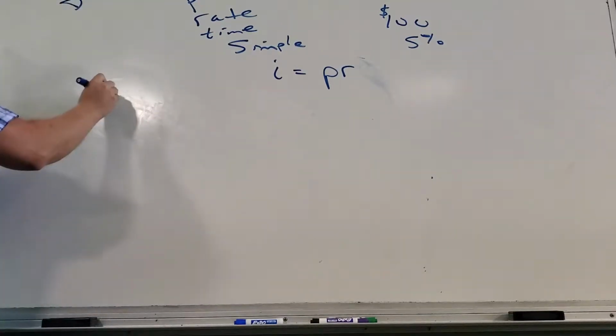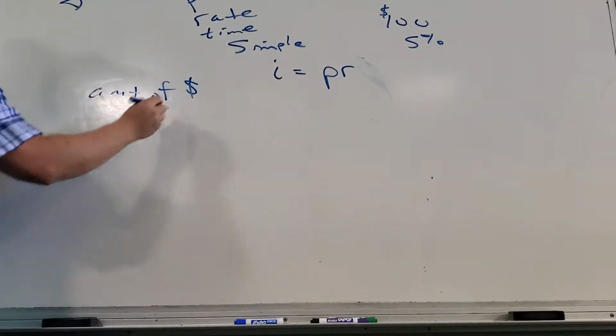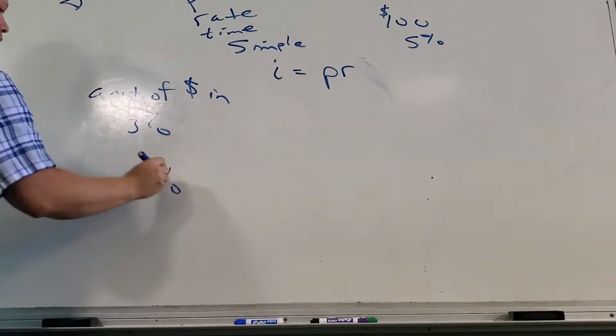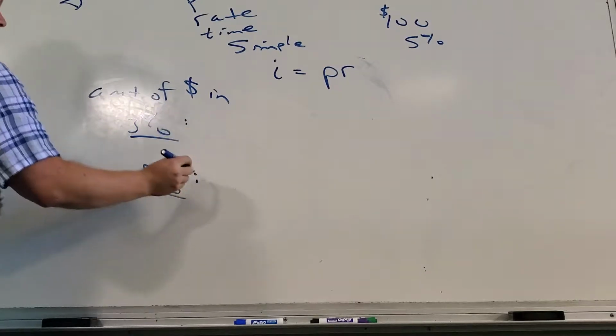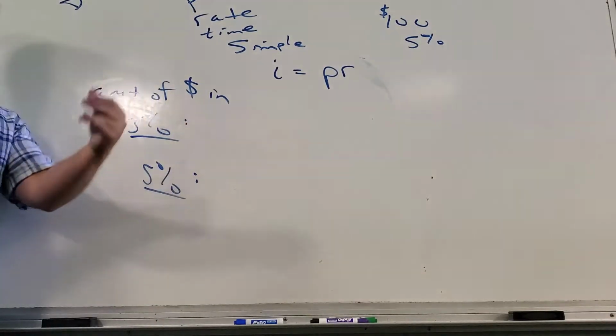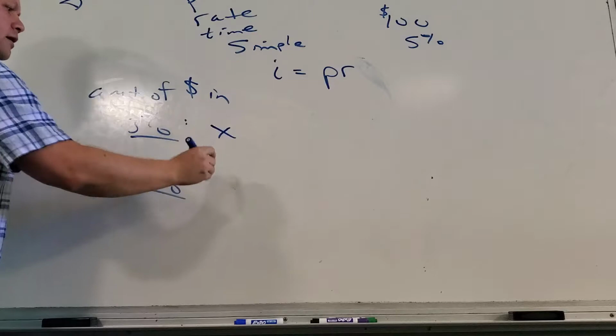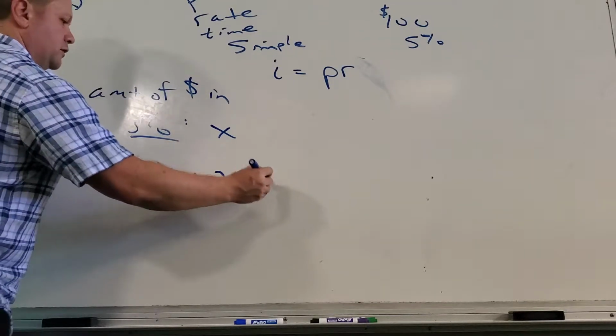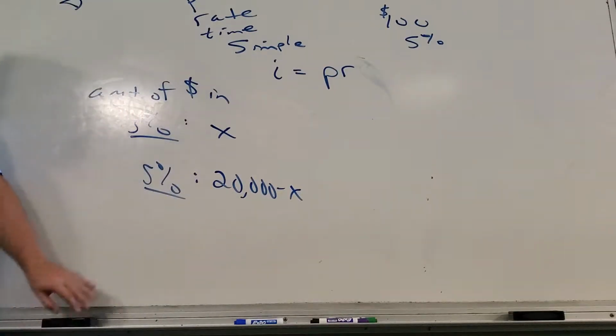So the amount of money in the 3% and 5%. Let's just use X here. If they put X here, how much did she put here? 20,000 minus X. Beautiful.